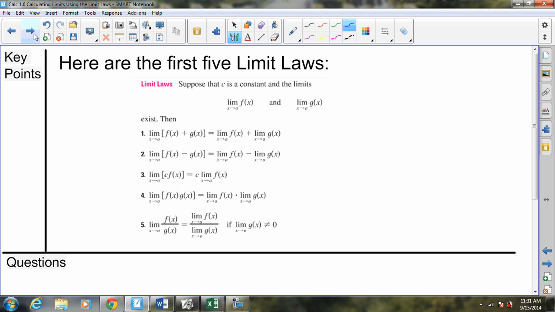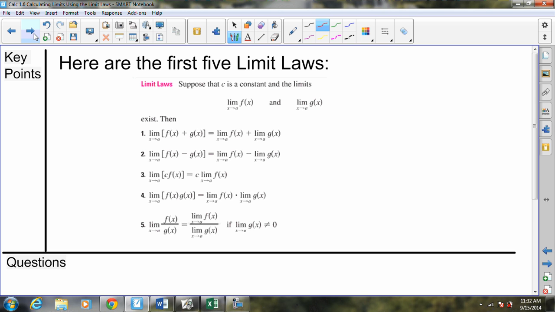So, here are the first 5 limit laws taken directly from the textbook. In these pieces, the letter C represents a constant, and we are making the assumption that the two limits, the limit of f of x and the limit of g of x at the same number a, exist.